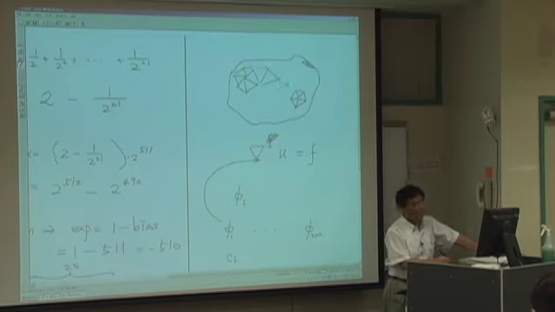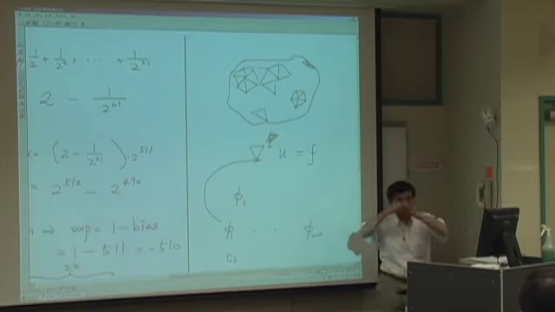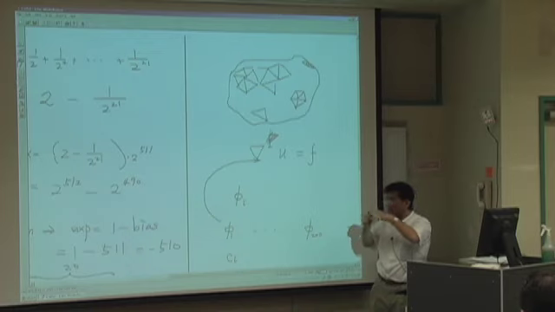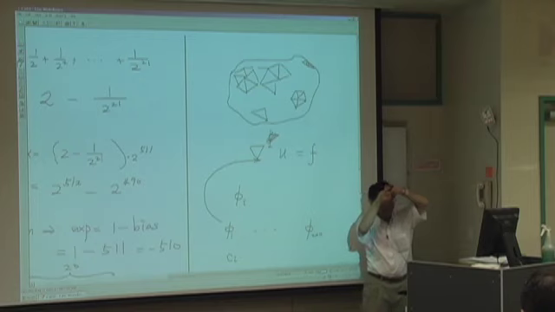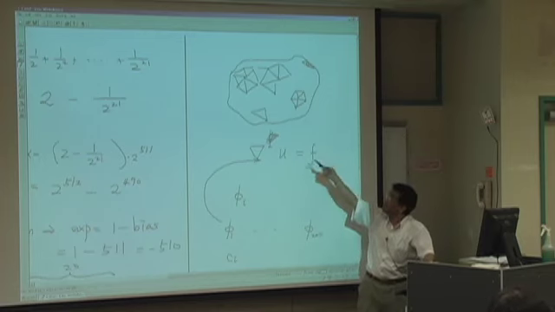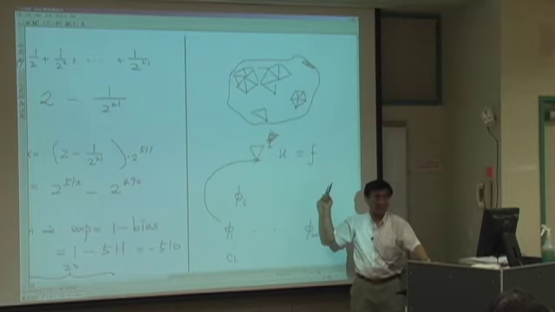In some computer science courses, people discretize a given domain automatically using triangles, or tetrahedra in the three-dimensional case, but we don't cover that area. We assume that it's already discretized. Under this assumption, how to solve this kind of problem is our major concern.